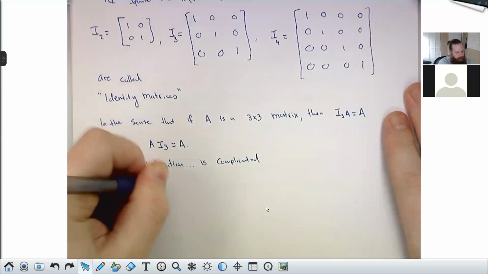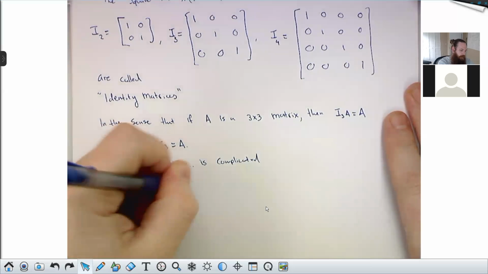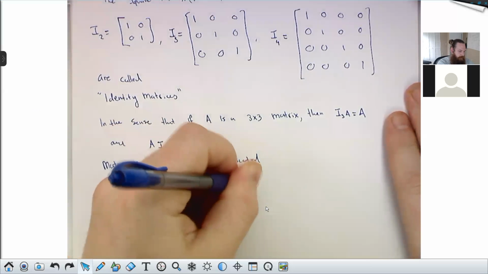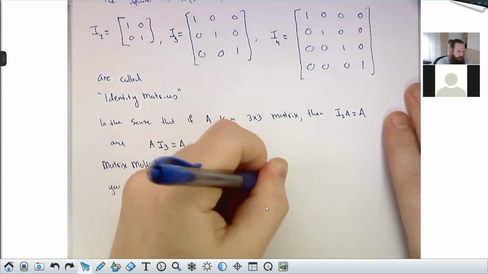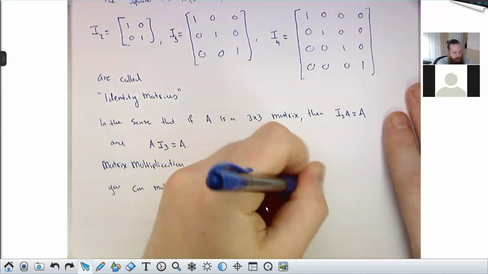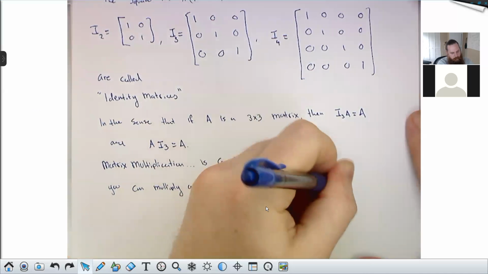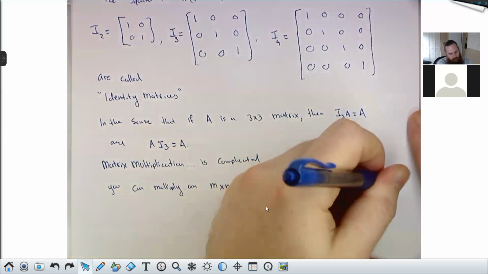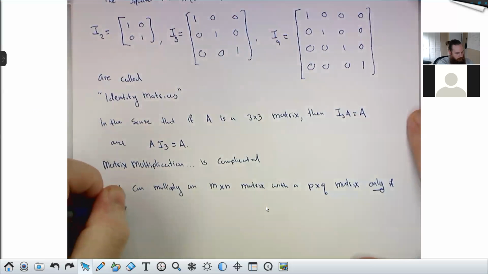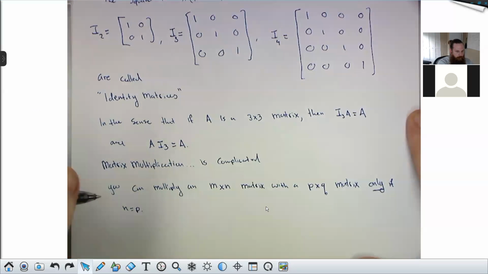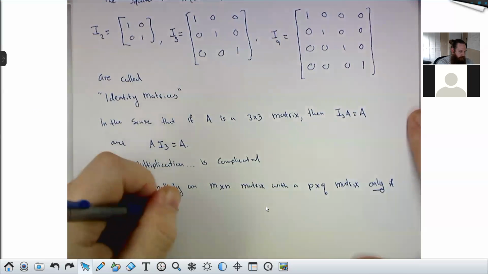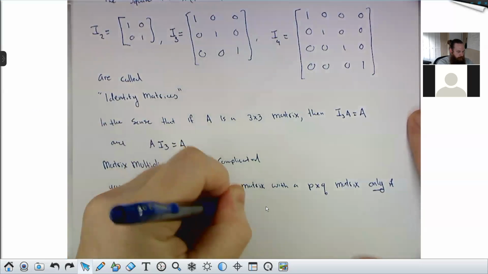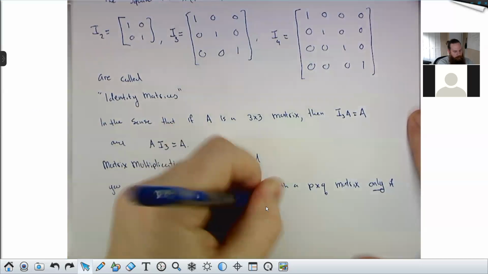You can multiply an M by N matrix with a P by Q matrix only if N is equal to P. And the result is an M by Q matrix.